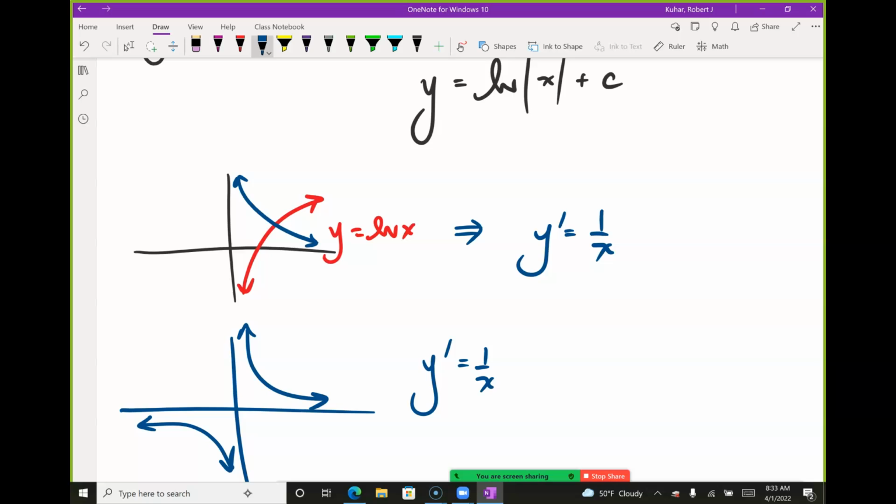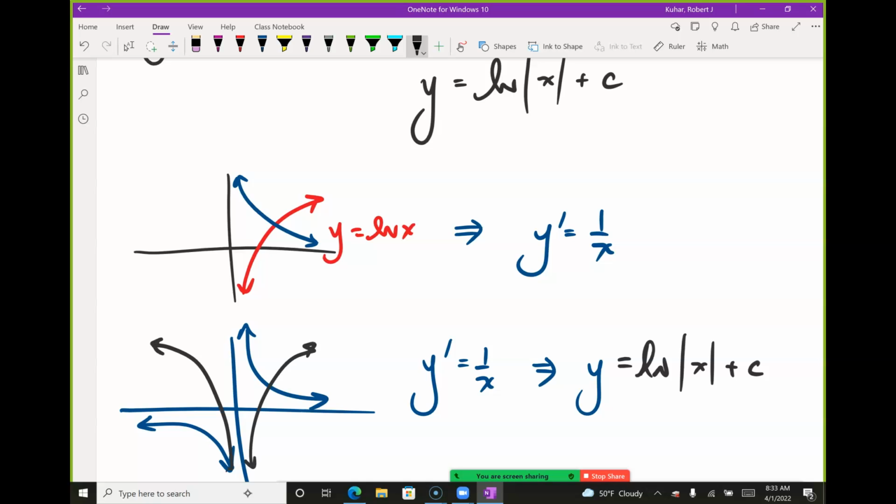But now when I consider the original function, because I have pieces on both sides, I have to somehow manipulate my function to say that now y equals the ln of the absolute value of x plus c. And by the way, that function looks like this. It's kind of symmetrical. So this is y equals ln of absolute value of x. So that's our first one that's a little bit weird that we have to write down. We have to memorize, of course.